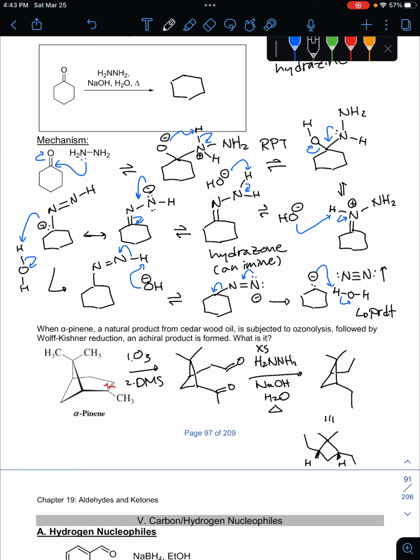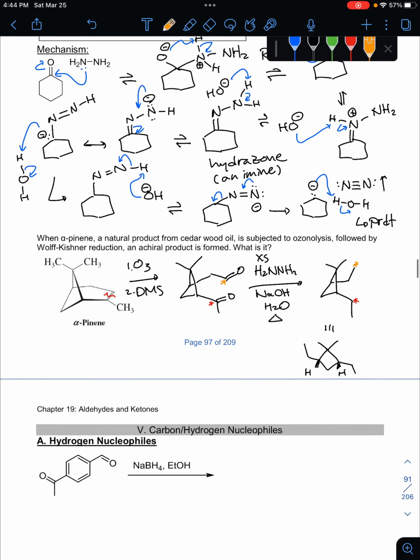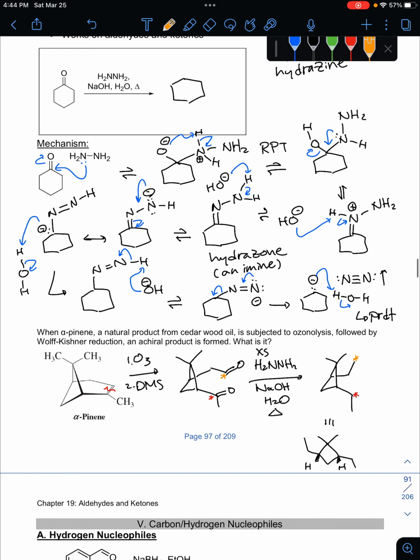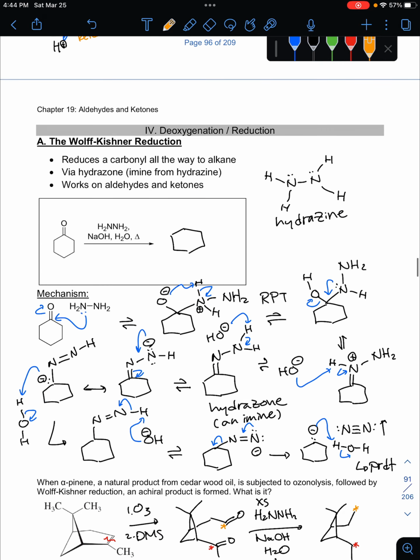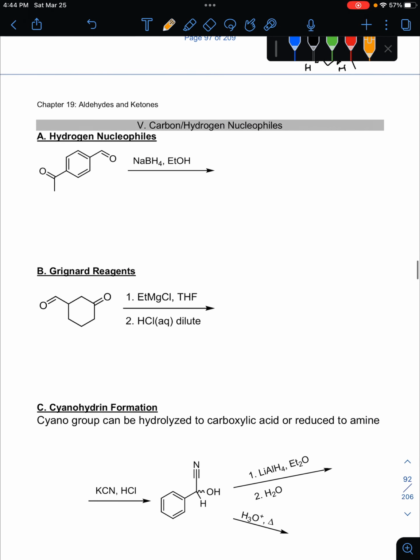And just so that you can keep track of the carbons very well, this ketone carbon is right there, and then this aldehyde carbon is right there. Okay, so hopefully that makes sense. That's just another example of a Wolff-Kishner reduction. Again, really useful going from carbonyl to alkane.